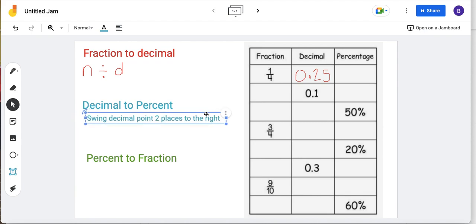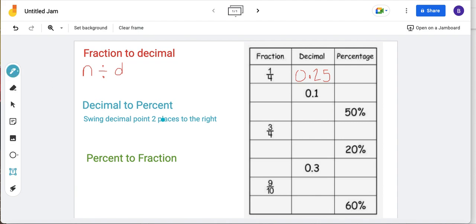Now the reason we do this is because we are multiplying our decimal by 100, and since 100 has 2 zeros in it, that's going to move it 2 to the right. So again, that table on the right, our first example, we have 25/100ths. You multiply that by 100, it swings the decimal places to the right, and you get 25%.